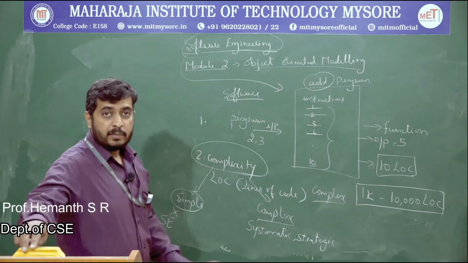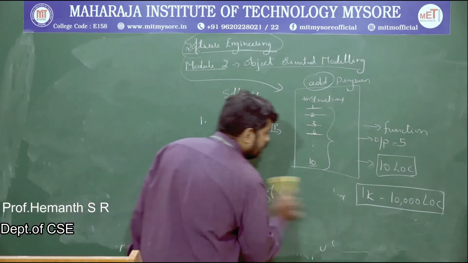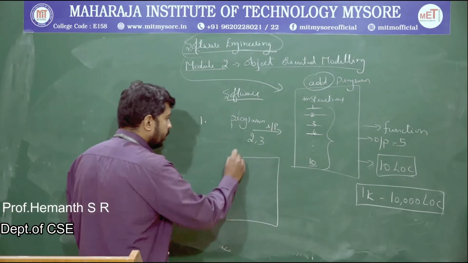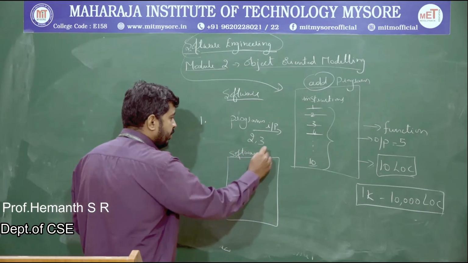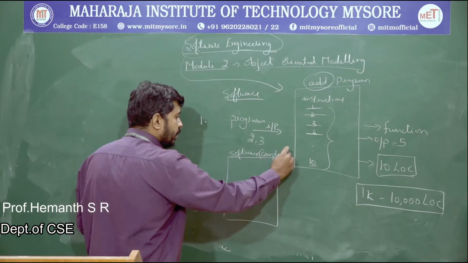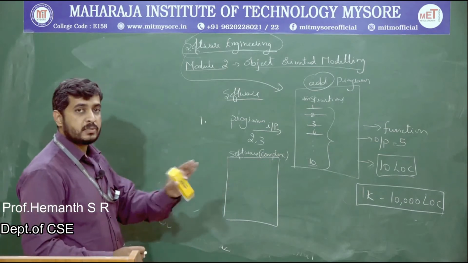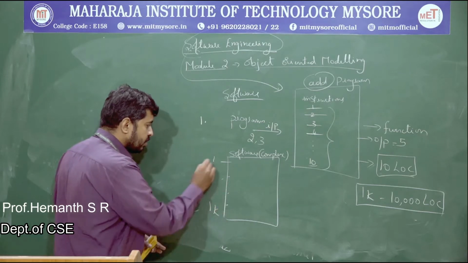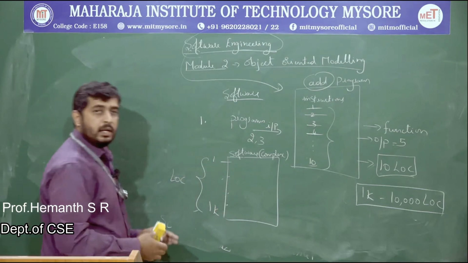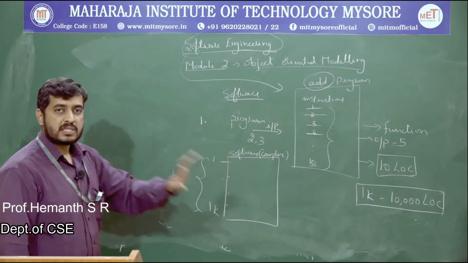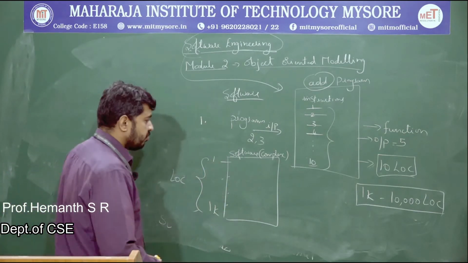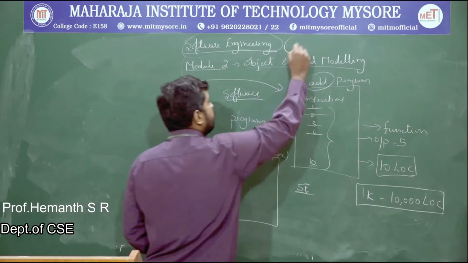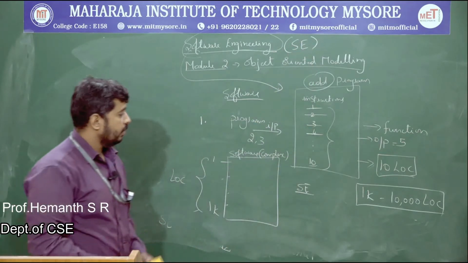Okay. The bottom line here is, if you are developing a software, if you are developing a program, okay, software which is complex, what is complex software? Already it has been indicated, thousands of lines of code are there. If you are developing such a software or a system, so you need software engineering, okay. Now I'll abbreviate it as SE.